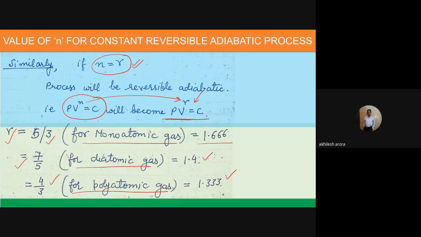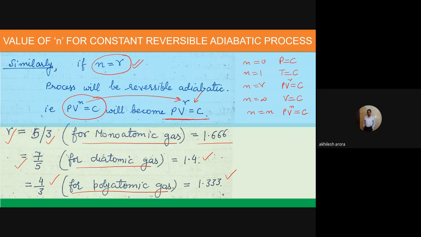So once again, I will tell you: n is equal to 0 for constant pressure process, n is equal to 1 for constant temperature process, n is equal to gamma for PV raised to power gamma is equal to constant, n is equal to infinity for constant volume process, and n is equal to n for polytropic process.